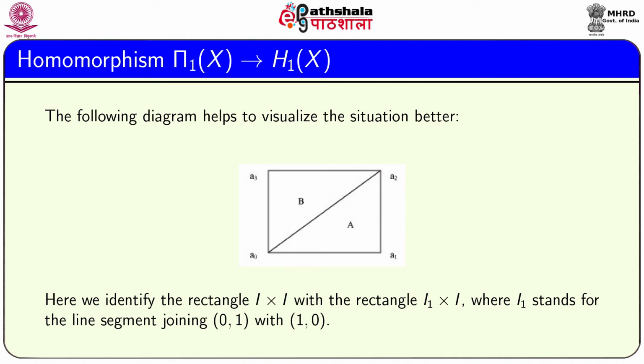Here we identify the rectangle I cross I with this particular rectangle I1 cross I, where I1 stands for the line segment joining 0 1 with 1 0.